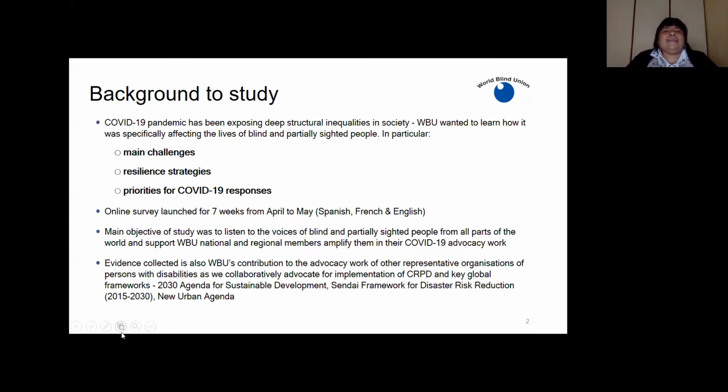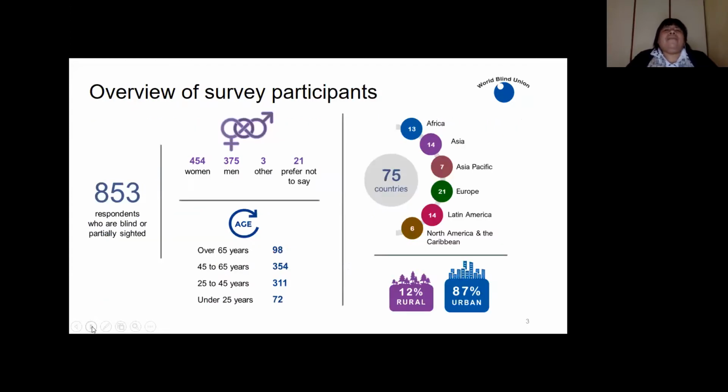Next slide, please. We have now the overview of participants in the survey. We have 853 responses from blind and partially sighted people. We have 454 from women, 365 men, 3 identified as other, and 21 people preferred not to disclose their gender. Regarding age, we have 98 people over 65 years old.